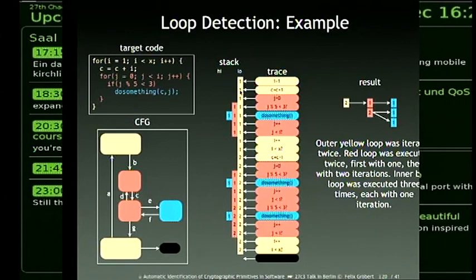Here's the first assignment to C, and here's the second. So C will be incremented, because this is an address we have already seen before, without branching out of the yellow part of the loop.